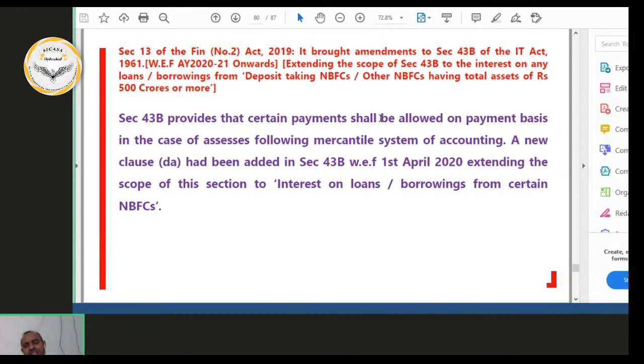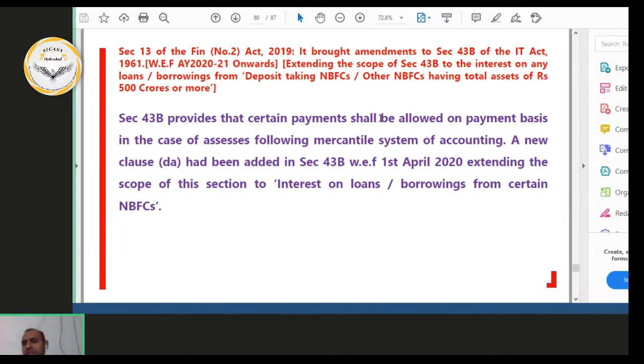Now 43B is extended to interest on the loans taken from two types of NBFCs. First of all, your client has taken loan from an NBFC. That NBFC falls under these two categories. Then in such case, the interest is allowed under payment basis only.